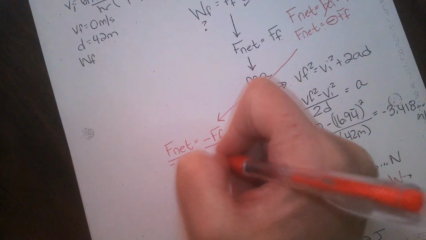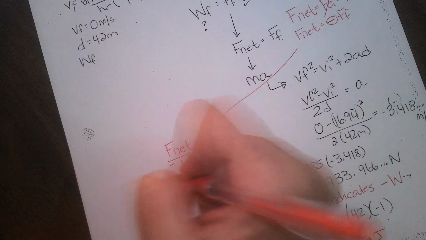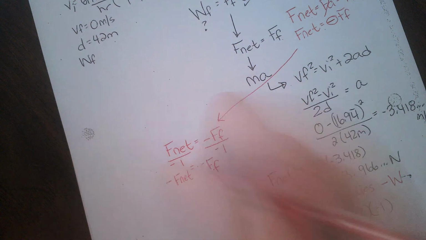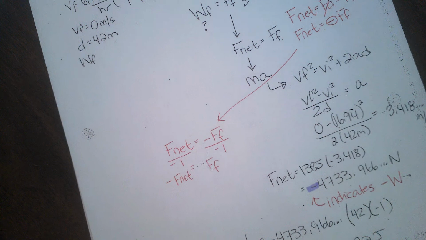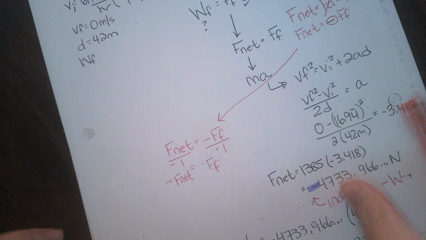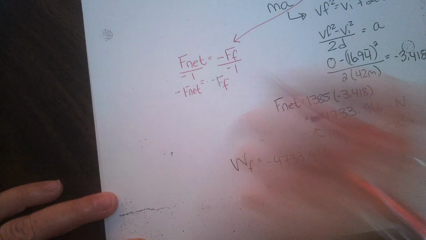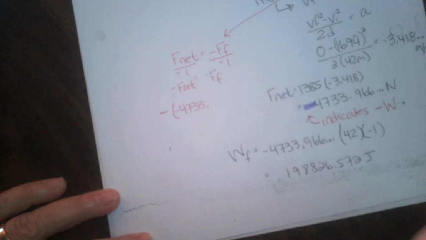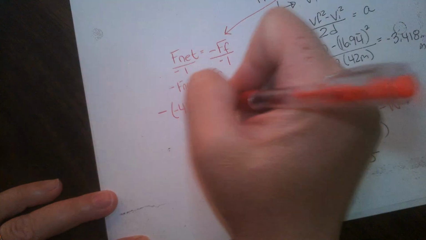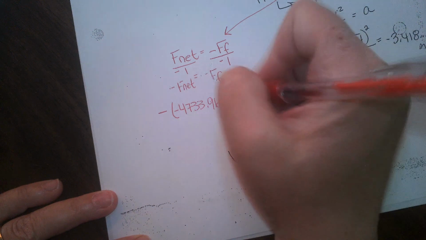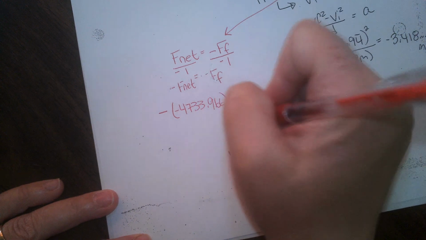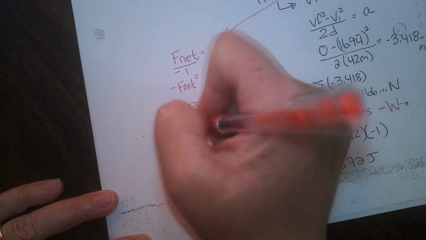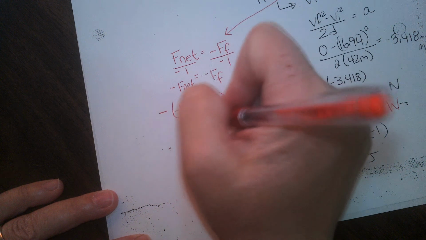So force of friction is equal to negative force net. Do we see the math in that? Okay. So then I went negative times negative 473.966 is going to be equal to my force of friction. So force of friction actually is going to end up being a positive value.